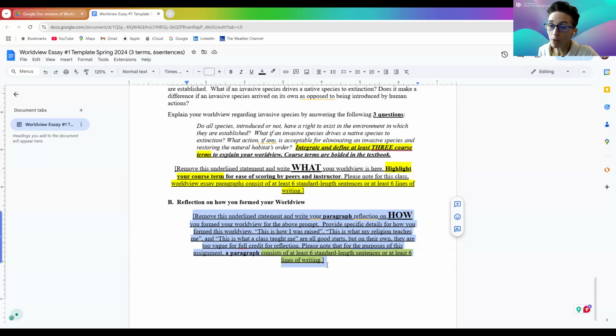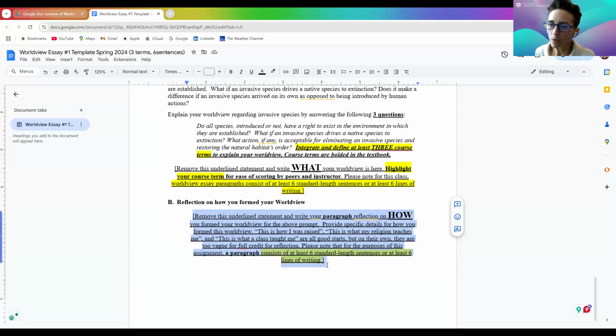Pick a prompt that you can write on about what your life experience was. We need to be able to connect A and B, to give us an explanation of the reflection that makes sense for what your worldview is. So provide details.